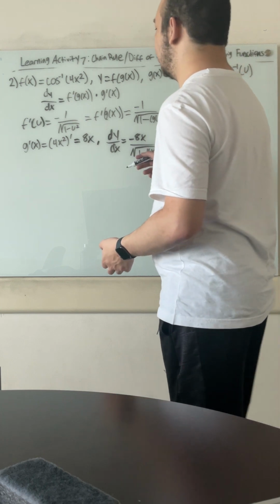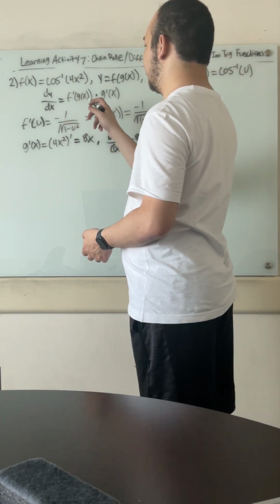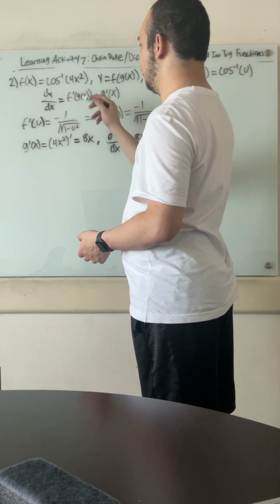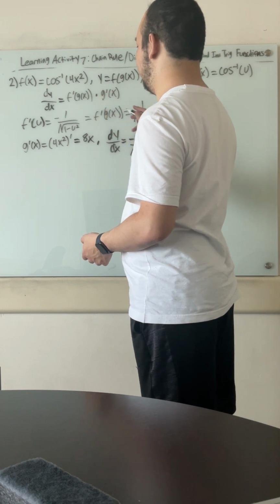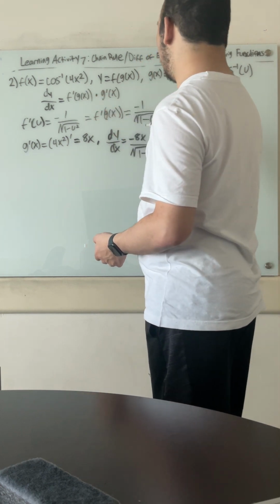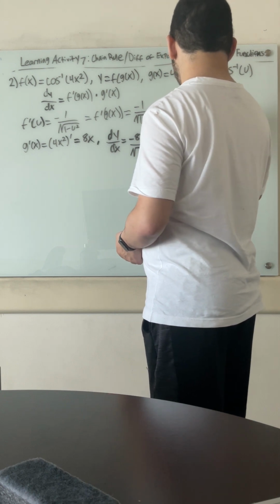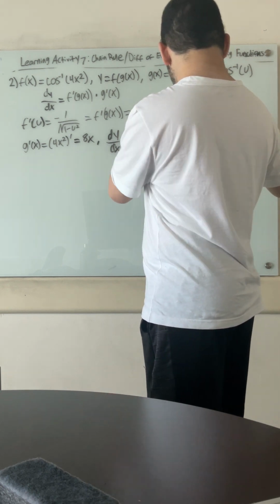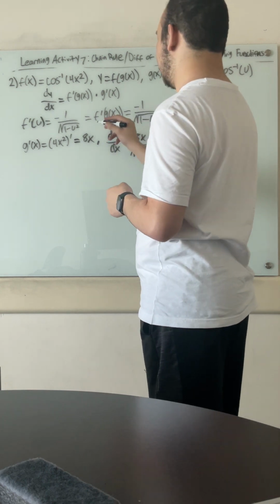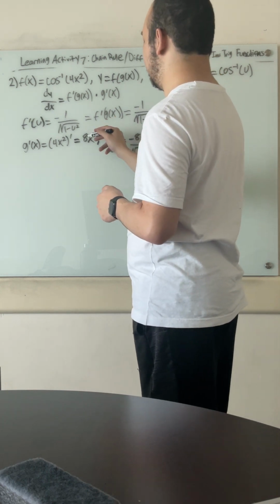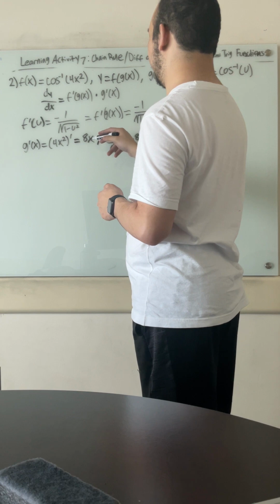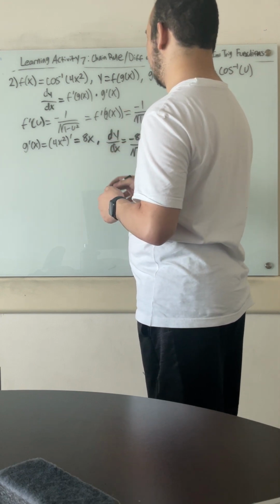So as I said earlier, the general formula for prime notation calls for dy dx to be equal to f prime of g of x times g prime of x. So our f prime of g of x is equal to -1 over the square root of 1 minus 4x squared, and our g prime of x is simply 8x because we take the derivative of our g of x, which is 4x squared.